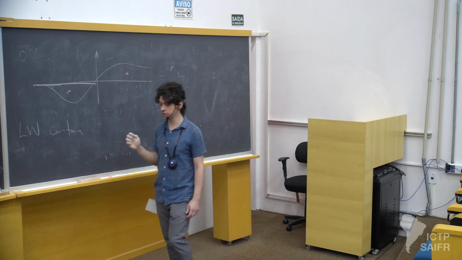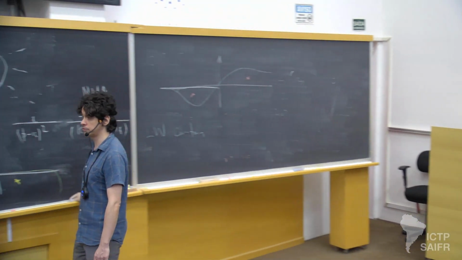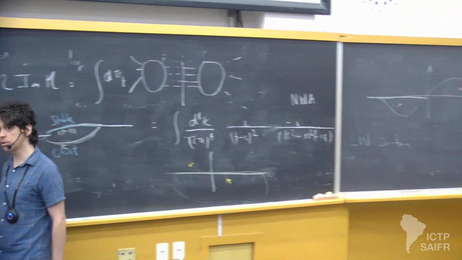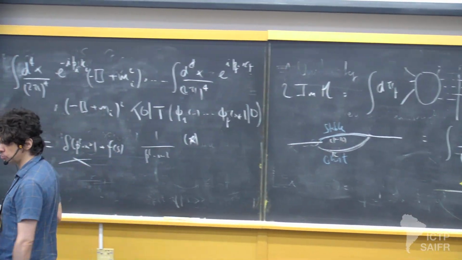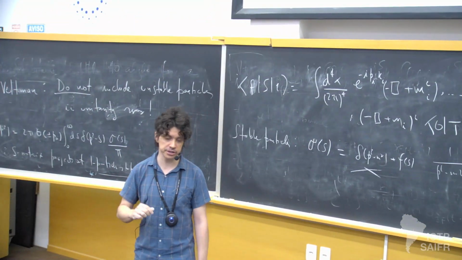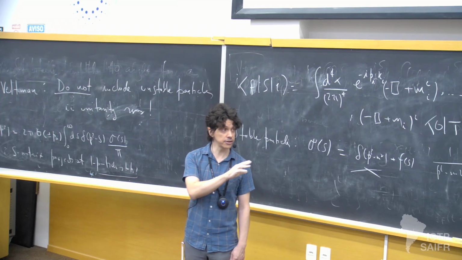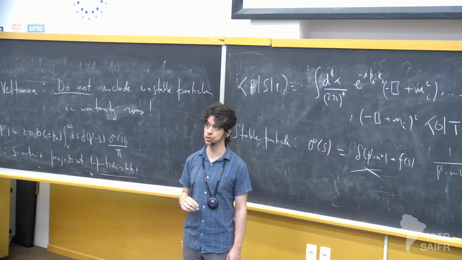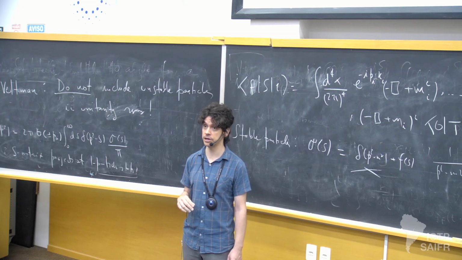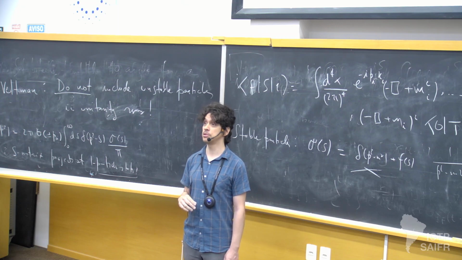Otherwise, you can just use the Lehmann representation and you'll be fine. Actually, tomorrow we're going to calculate an amplitude using the Lehmann representation and using the Lee-Wick contour. There are further additional things that we should do, but I'm not just going to discuss right now because time is forbidding me to do that.